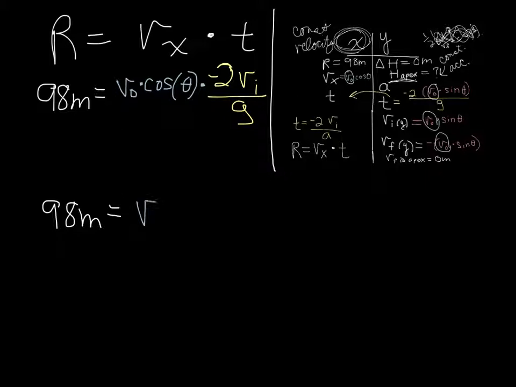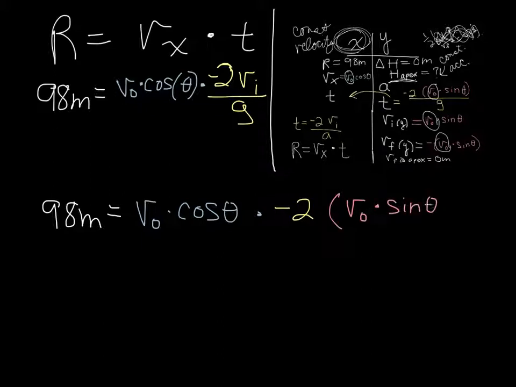So that's v naught times cosine of theta times negative 2, and vi is v naught times sine of theta, divided by g.